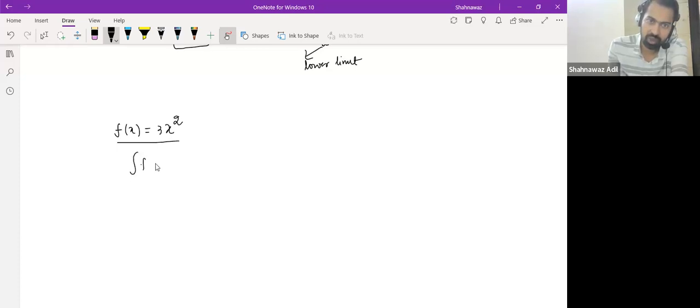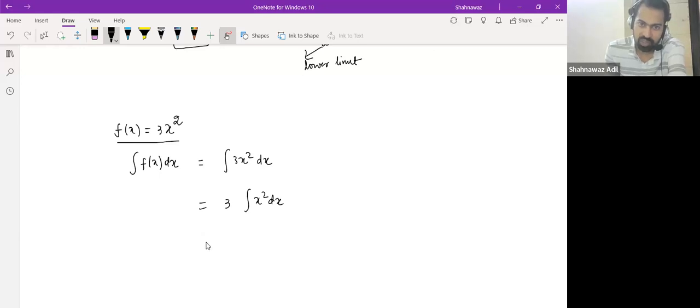So I want to integrate this function. This would be the integral of 3x square dx. Okay. So 3 is a constant term, it will be taken outside, and I have x square dx. What would be the integral of x square? Power is n, and we know that the integral of x^n is x^(n+1) divided by n+1.